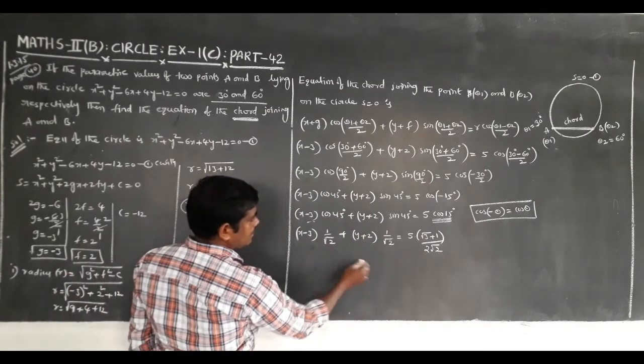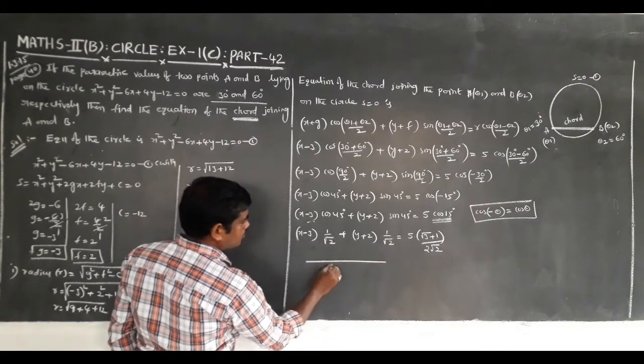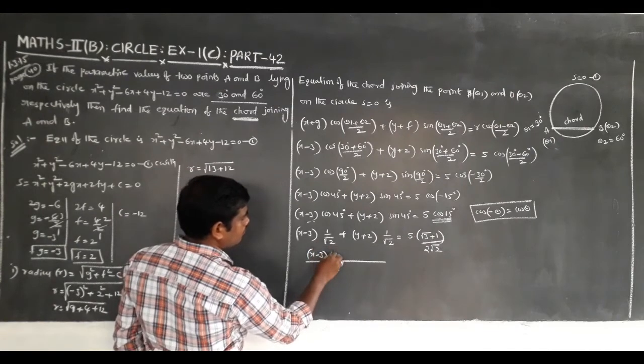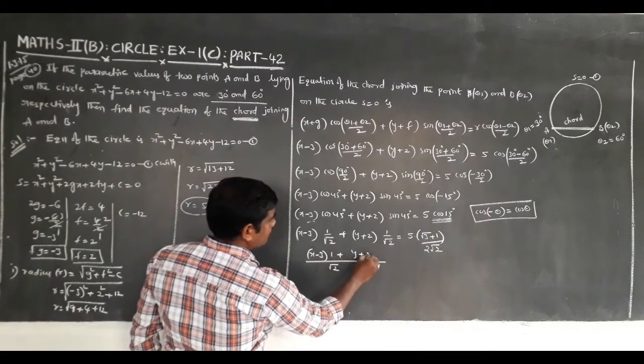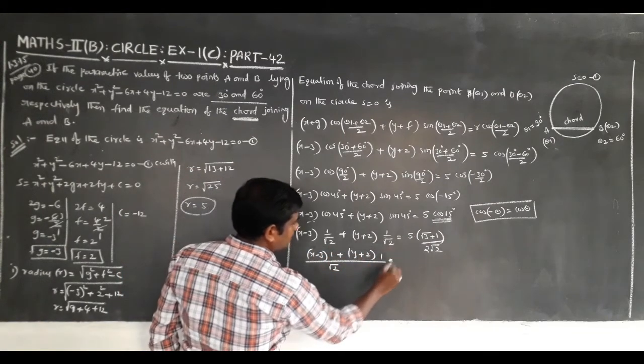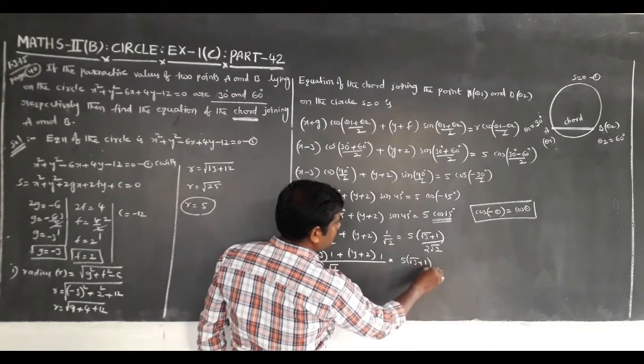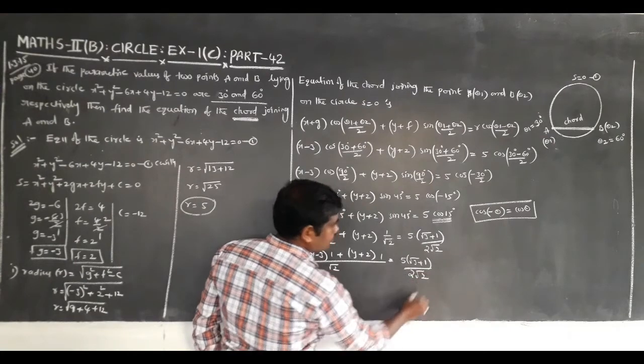Here taking LCM root 2. x minus 3 into 1 plus y plus 2 into 1 is equal to 5 into (root 3 plus 1) by 2 root 2.